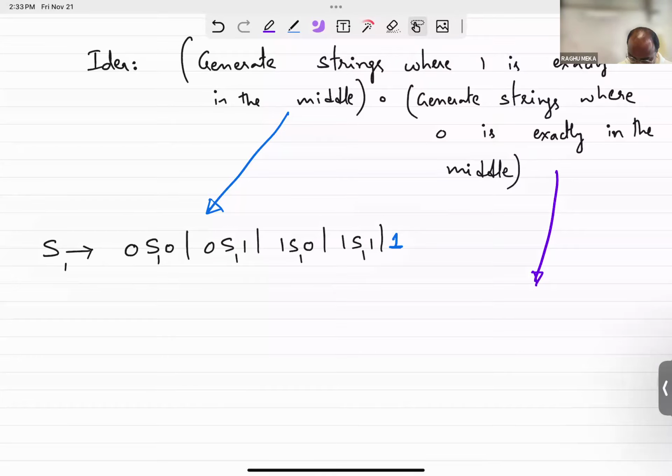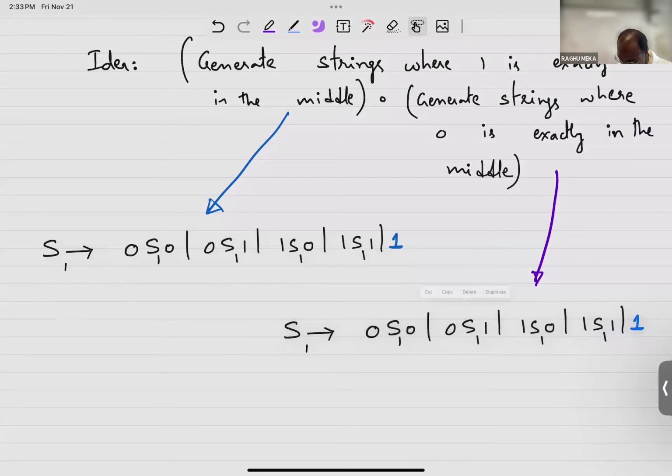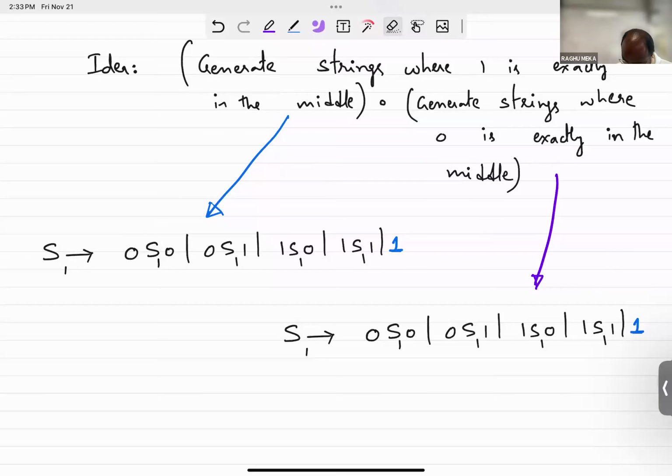The same thing, but replace the 1 with a 0. And then just to avoid confusion, I'm going to put 2's everywhere.